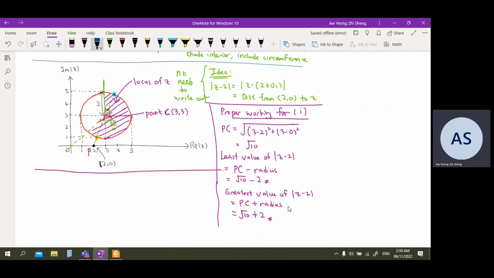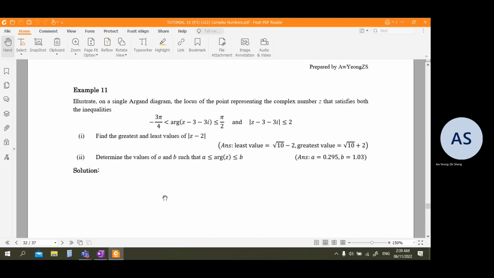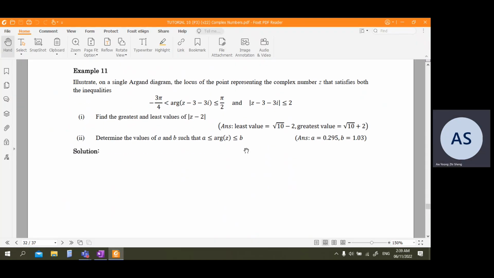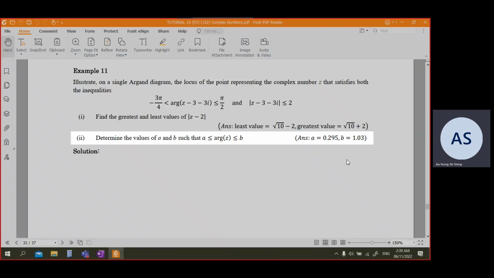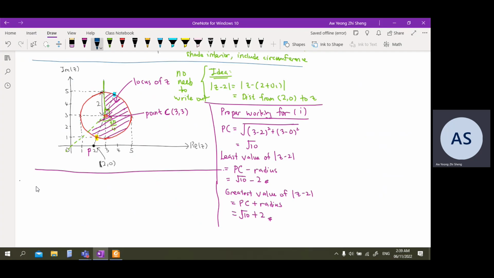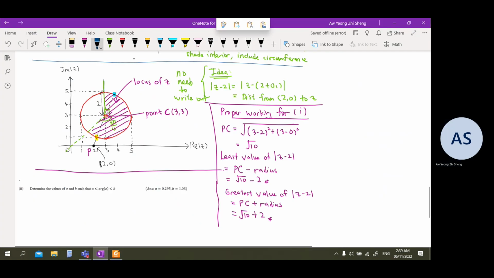The next, moving on to part 2. To determine the values of a and b such that argument z is bounded between a and b. So this is just another way of asking, what is the range of values for argument z?